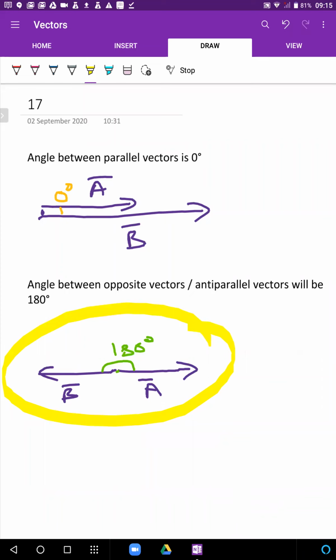They're going to look like this. All right, so the angle between them when the tails are joined is going to be 180 degrees. So anti-parallel vectors के बीच में 180 degrees angle होता है, parallel vectors के बीच में 0 degree angle होता है. Okay.